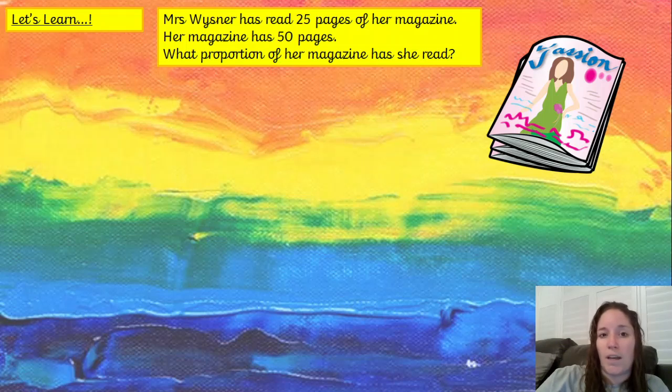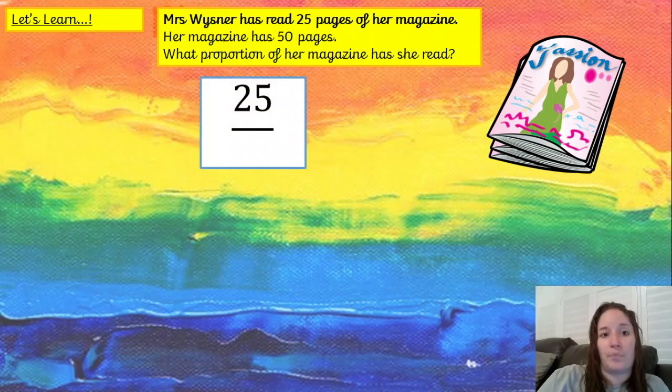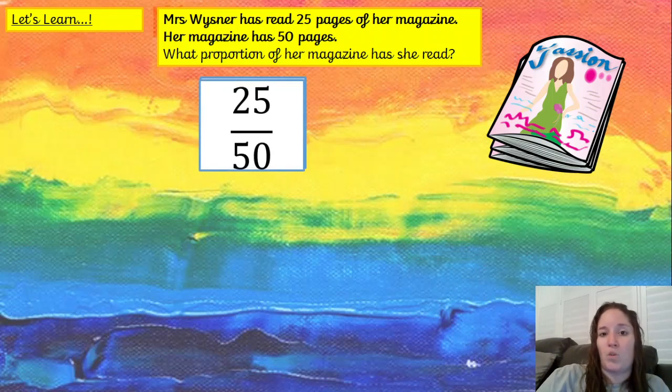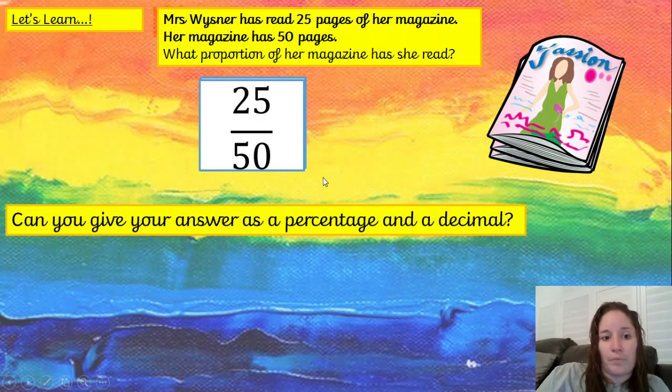Mrs. Wisner has read 25 pages of her magazine, so we know that she's read 25. Her magazine has 50 pages. What proportion of her magazine has she read? So we know that she has read 25 out of the 50 pages. Can you give your answer as a percentage and a decimal?